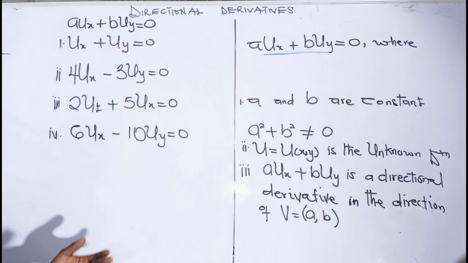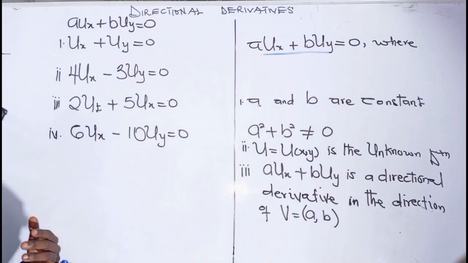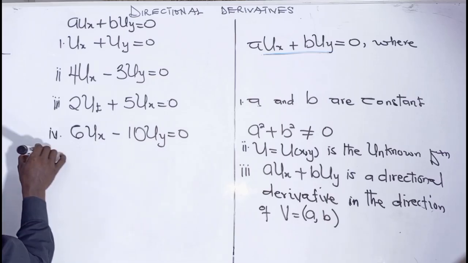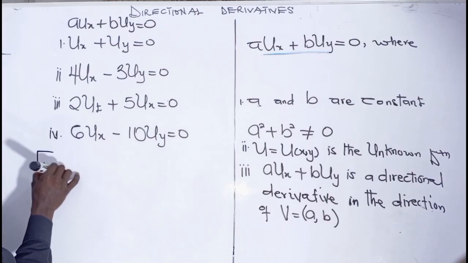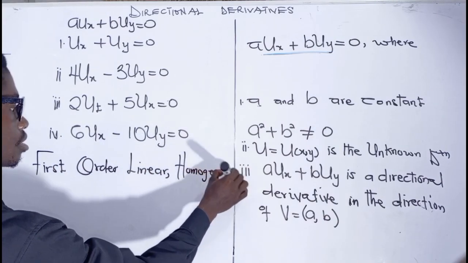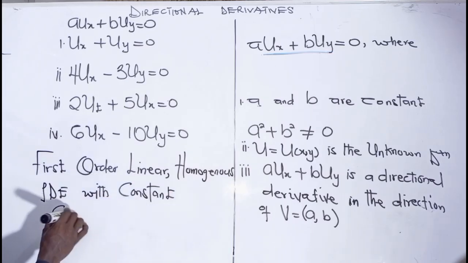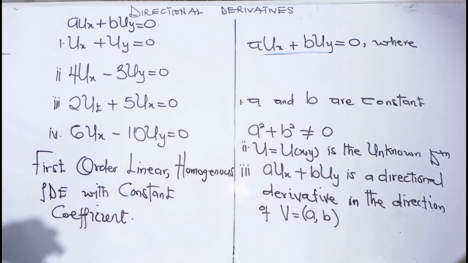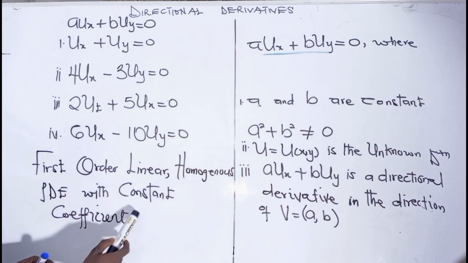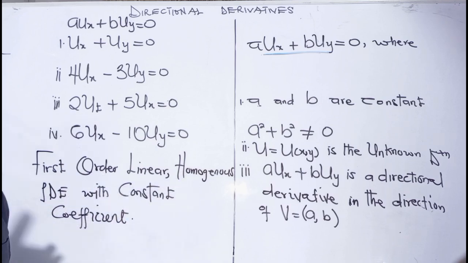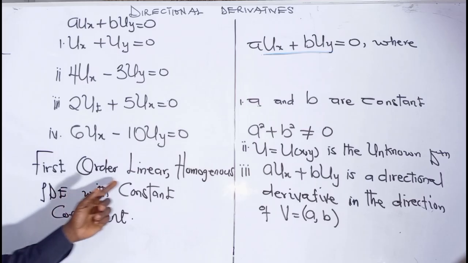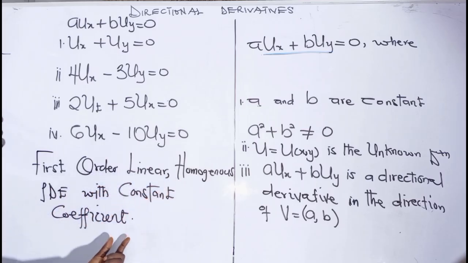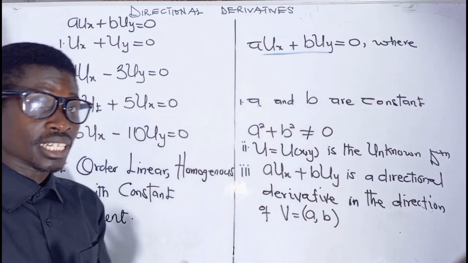So all these PDEs are first order linear homogeneous PDEs with constant coefficients. As I said earlier on, all these PDEs are first order linear homogeneous PDEs with constant coefficients. And mostly first order linear PDEs with constant coefficients are directional derivatives.